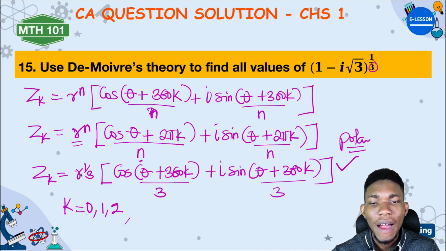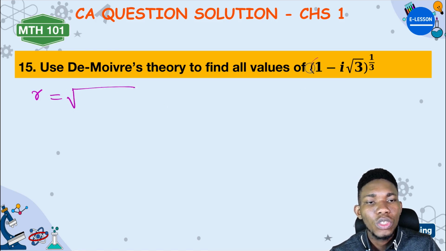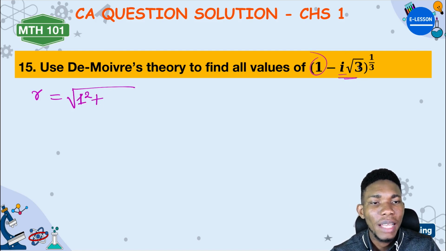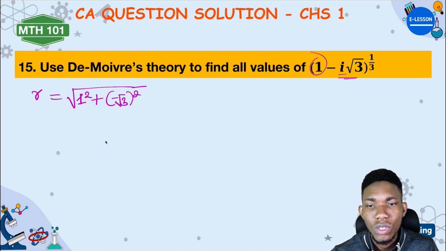How do we find our rho and theta? That is now what matters. Now, I told you earlier that your rho is the square root of what you have at the real part, 1 squared, plus what you have at the imaginary part, minus root 3 squared. That is our rho. It's the magnitude or the modulus.